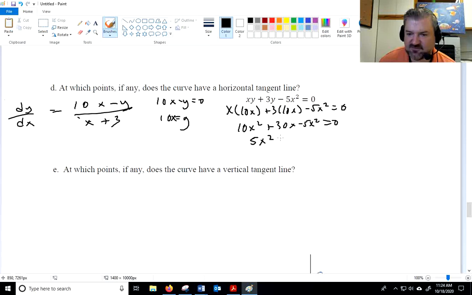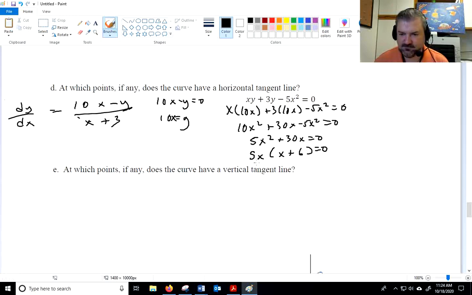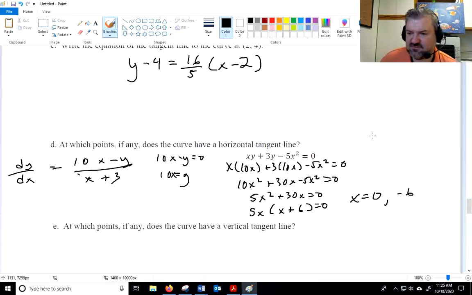So that's 5x squared plus 30x equals 0. Let's factor out 5x. Now you can see that the solutions of that polynomial are 0 and negative 6. So at 0 and negative 6 on the x value, apparently we have a horizontal tangent line.